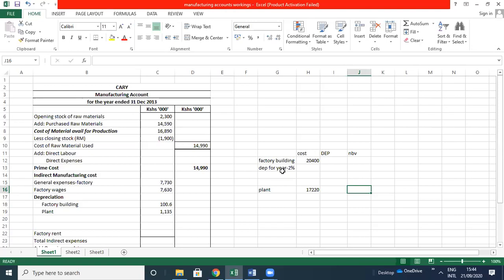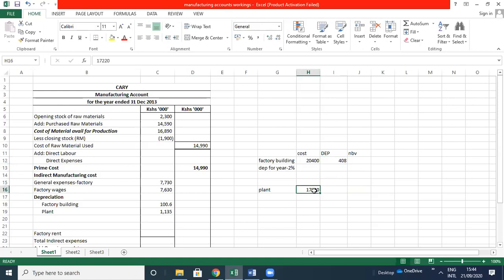But now that you've been told it is on cost, this one should be 2% of 2,400, which is 2% multiplied by 2,400. Sorry for that. It should be 408.